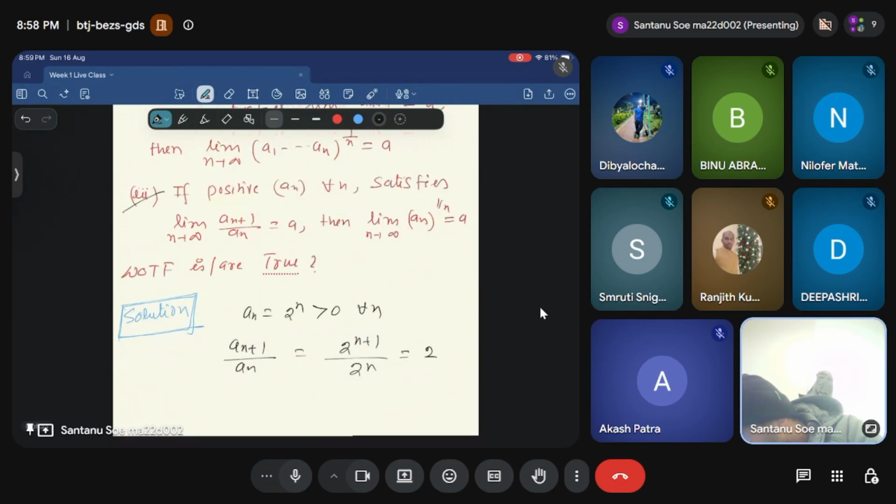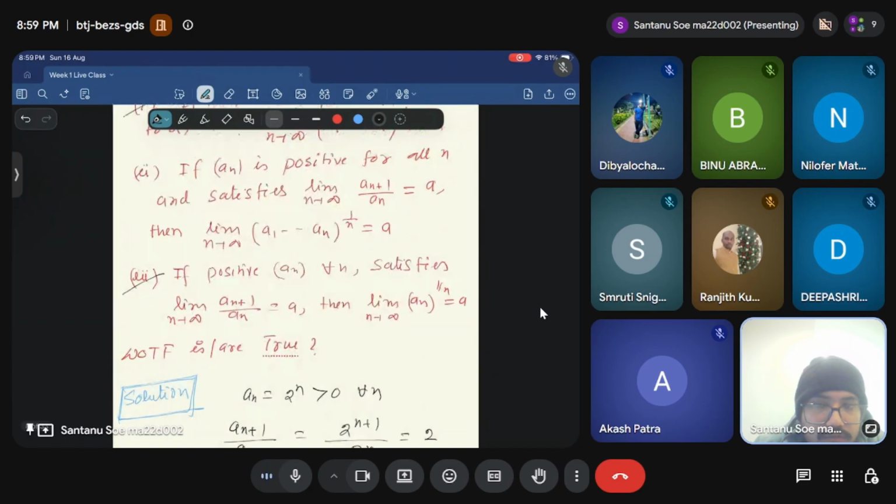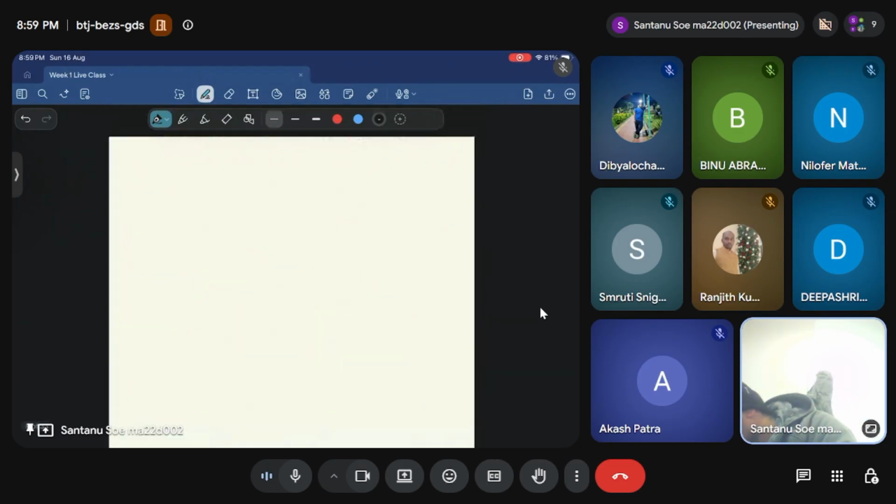So that means limit n tends to infinity of a(n+1) divided by an has limit 2. So according to the statement, the product of a1 up to an to the power 1 by n should be 2. If this does not hold, we can say that this statement is false.